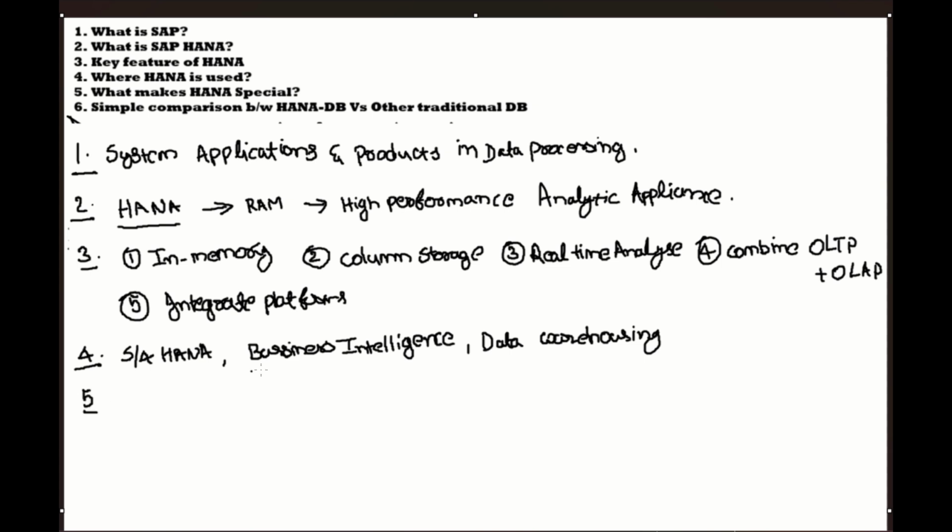Fifth point, what's special? From these points, we can say what's special in HANA compared to other databases. First one is super fast. Second is big data analysis or complex data analysis.